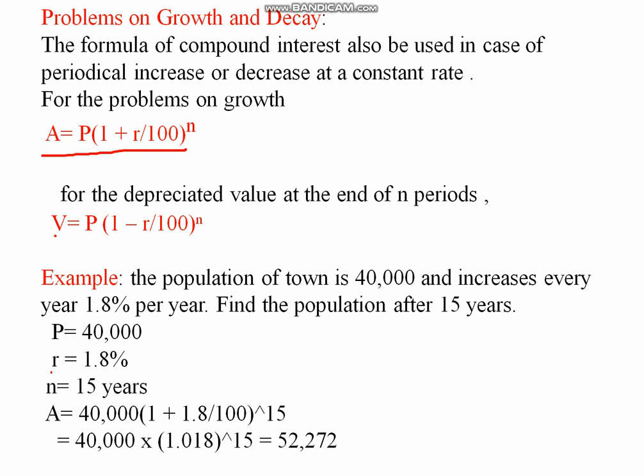And in case of depreciation or a decay problem, we can find the amount at the end of the n periods as V is equal to P times bracket 1 minus R upon 100 raised to N.